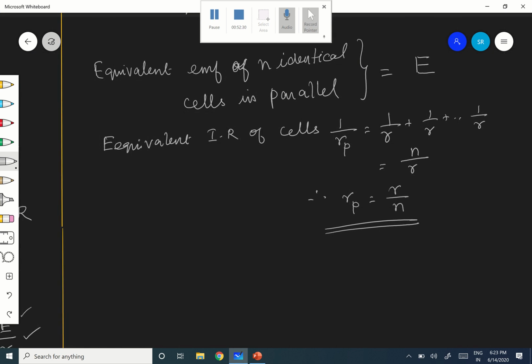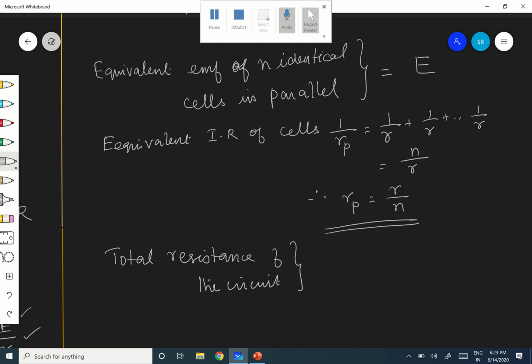Now what is my aim? I have to find the current. For the current, what is the total EMF? I know, that is E. What is the total resistance of the circuit where n identical cells are connected in parallel?